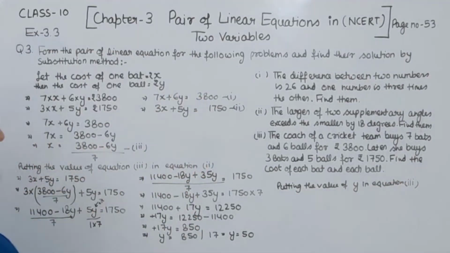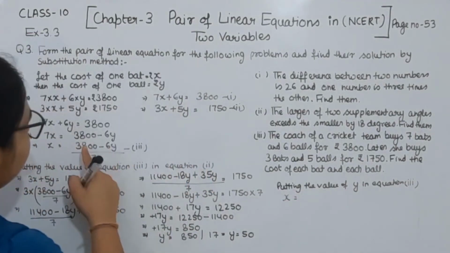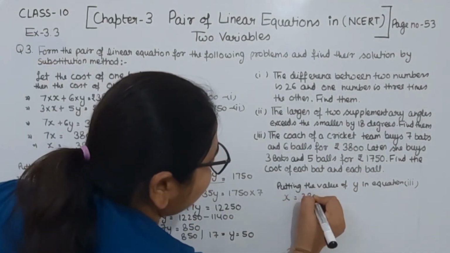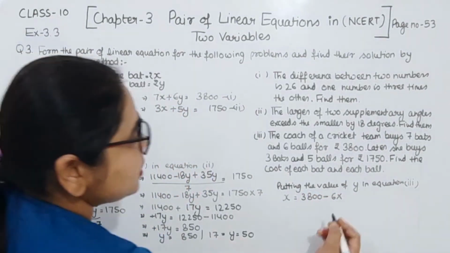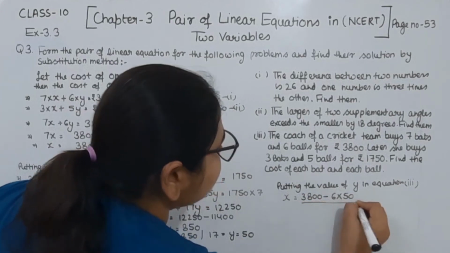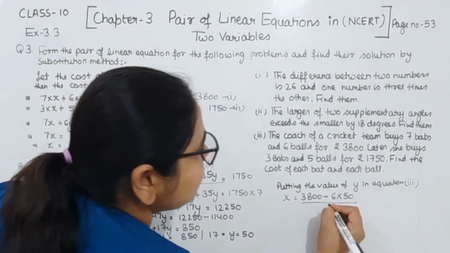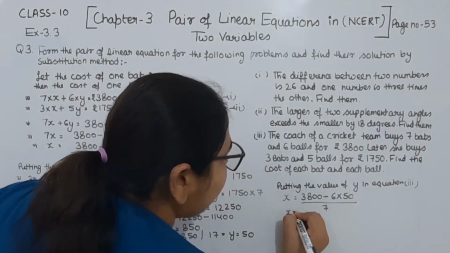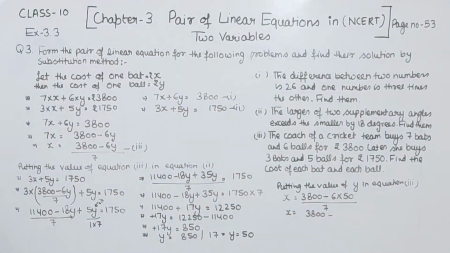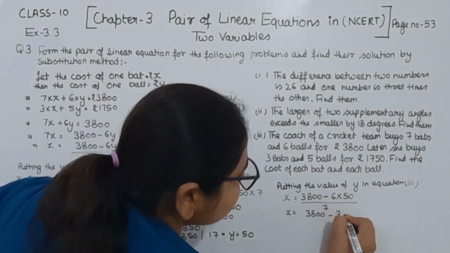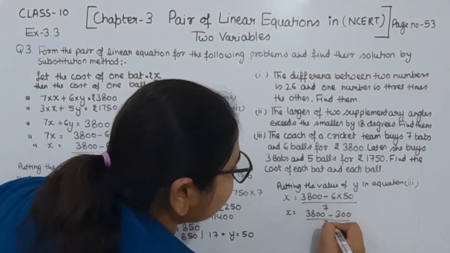Equation number 3 is x equal to 3,800 minus 6 multiplied by y, which is 50, and in the denominator we have 7. Now x is equal to 3,800 minus 6 5s are 30, which is equal to 300 divided by 7.